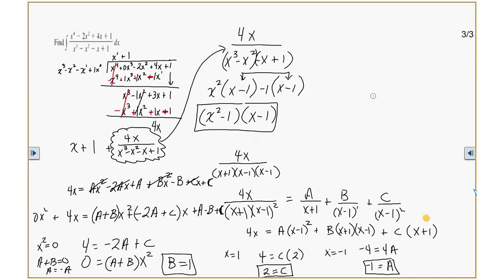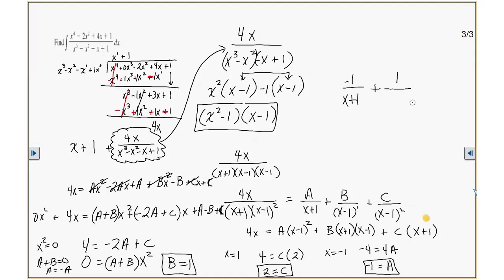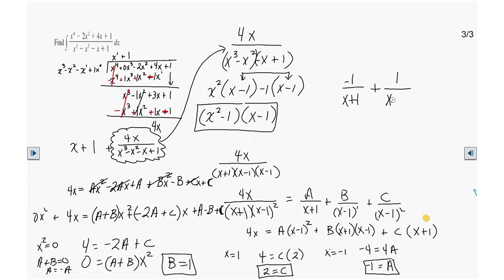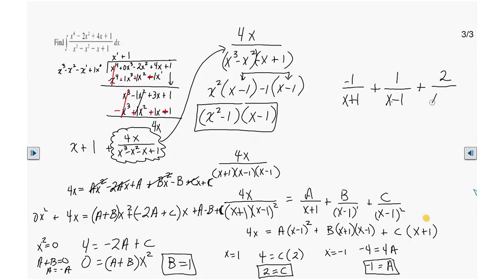That's going to be negative 1 over x plus 1, plus 1 over x minus 1, plus 2 over x minus 1 quantity squared, right?